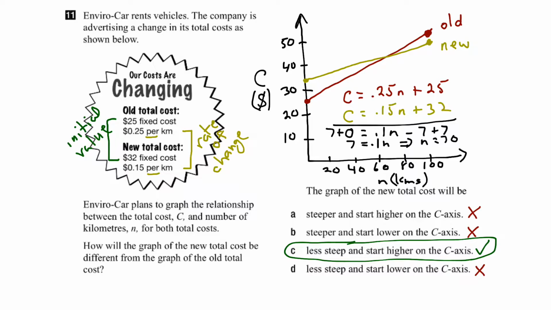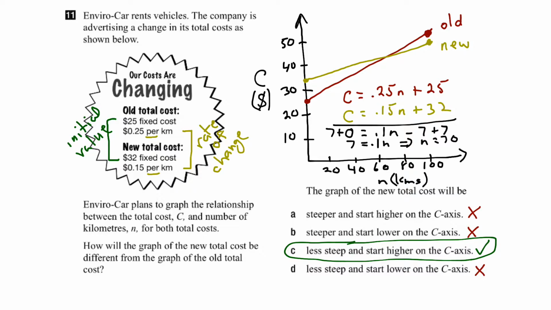Another thing we could do here is, if we didn't want to draw this graph out, or the graphs, can I find the answer by just looking at the information here? Well, actually there is a shortcut. We know here that the rate of change goes from 25 cents a kilometer to 15 cents a kilometer. In other words, the rate of change is smaller.